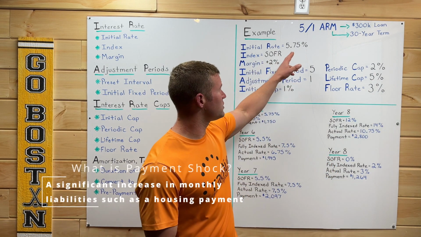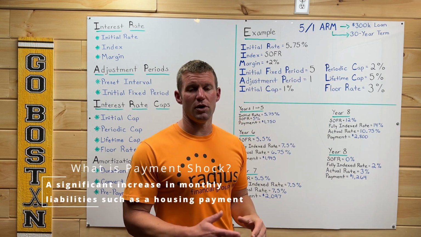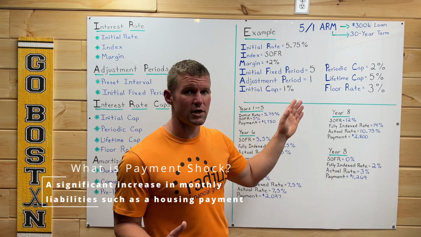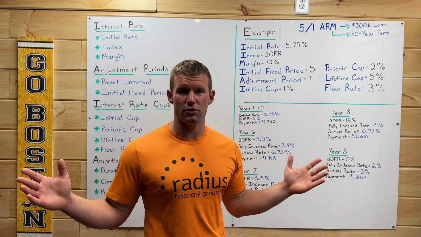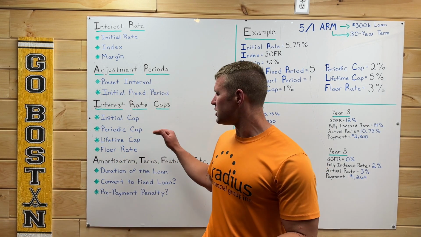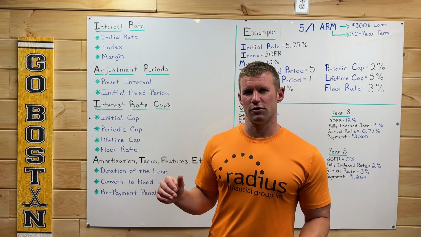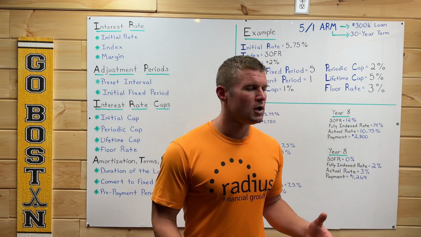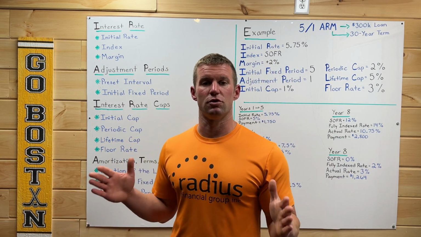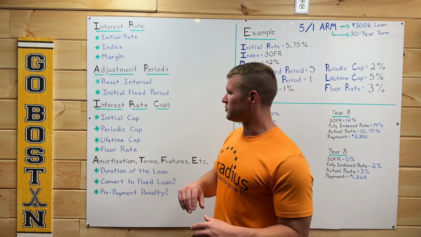So if we go back to this example, the 5-1 ARM, if it's locked for the first 5 years, and then rates shoot up, I don't know, by 12 percentage points or something like that, there's going to be an initial cap built into that first adjustment period so that you're not paying an exorbitant amount after the initial fixed period.